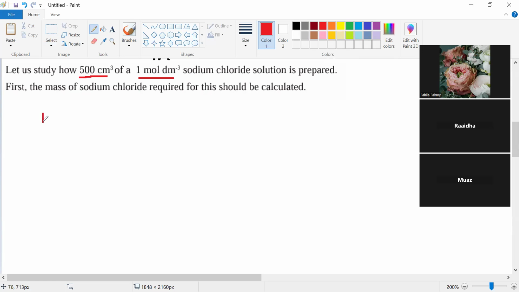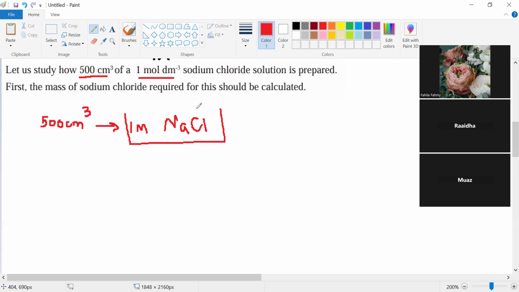I need to prepare 500 cubic centimeters volume of 1 M sodium chloride. First, the mass of the sodium chloride required for this should be calculated. So, 1 M of sodium chloride needs to be prepared.